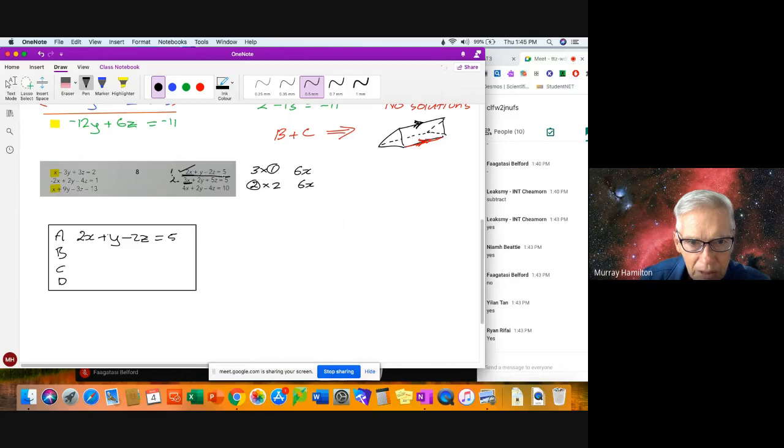I'm going to treble everything here. So I get 6x plus 3y minus 6z equals 15. That's multiplying everything by 3. And I double everything for the next one. Plus 10z equals 10. And then do I add or subtract these?